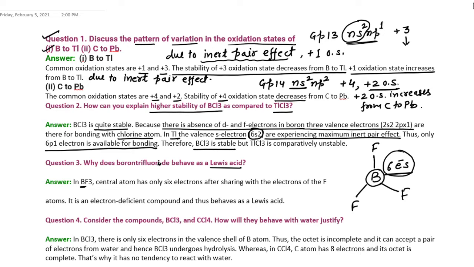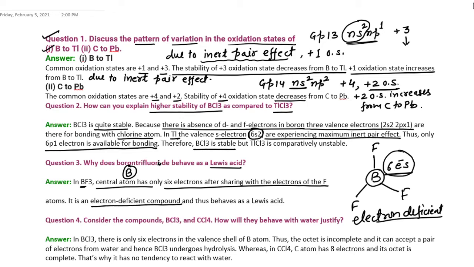As octet is not complete, such substances are called electron deficient compounds. So it is an electron deficient compound, and that's why it can accept electrons and behave as a Lewis acid. See, the central atom boron has only 6 electrons after sharing the electrons with fluorine, and that's why it is an electron deficient compound, because octet is not complete, and that's why it behaves as a Lewis acid.